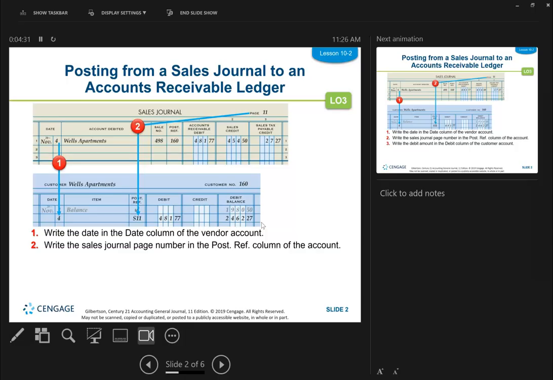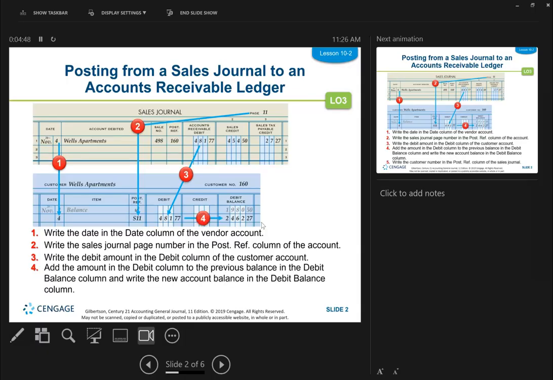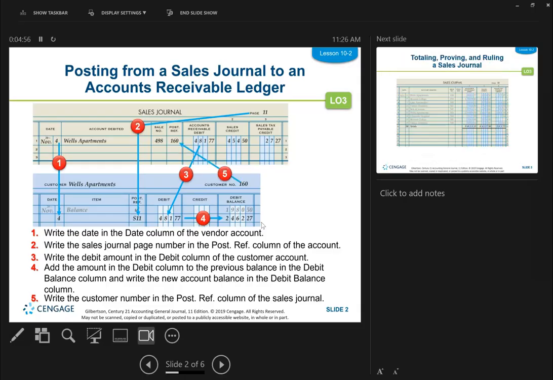With the sales journal, that'll be S for sales, S11, because we're operating out of the sales journal. Then the debit goes in, and we total our new debit for Wells Apartments. The last step is we record the post reference, where the account number for Wells Apartments gets attached to the transaction in our sales journal.